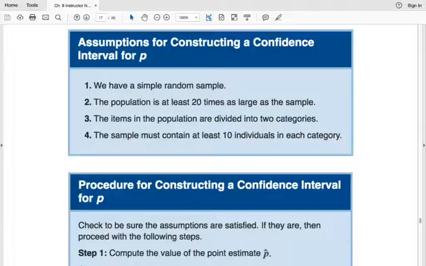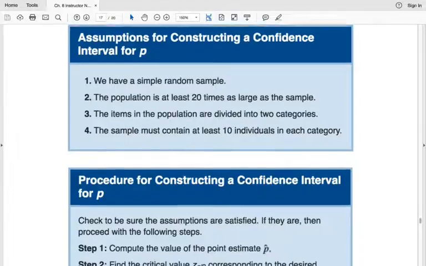And then number 4, which we just talked about, is the assumption in the central limit theorem for proportions, that the sample has to have at least 10 individuals in each category. So that's why the microwave example, we actually couldn't have used that to generate a confidence interval, because we only had 6 in the no microwave category. We have to have at least 10 in each category.